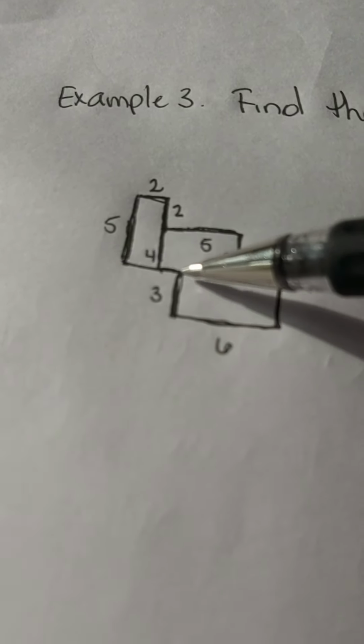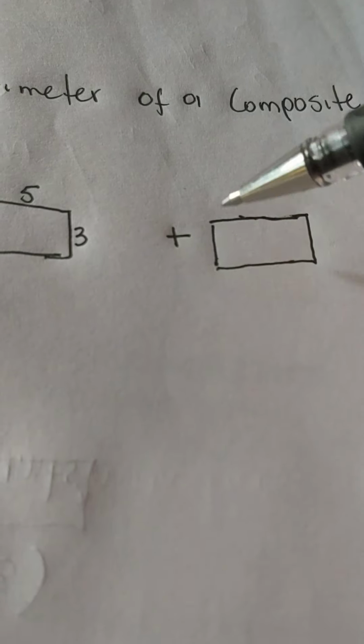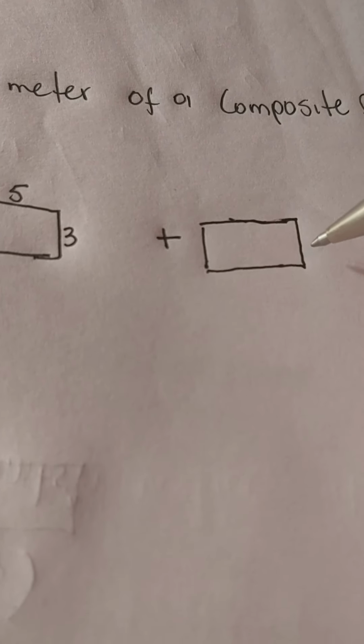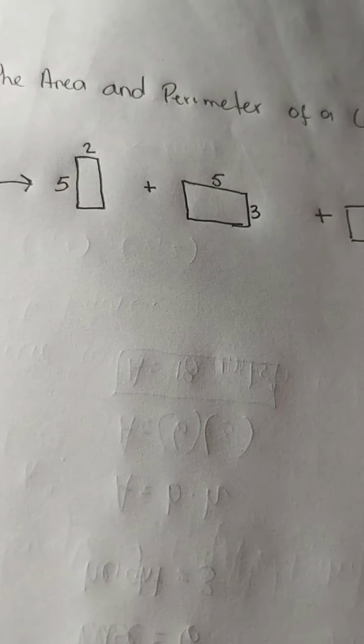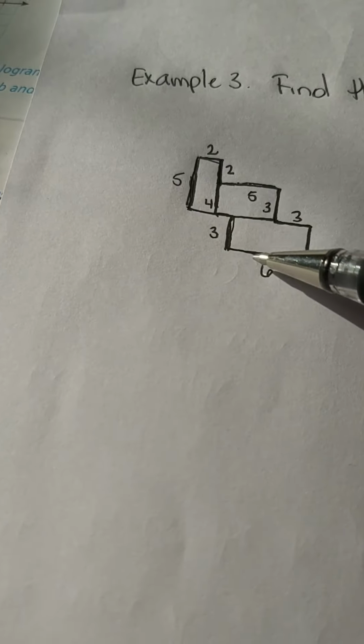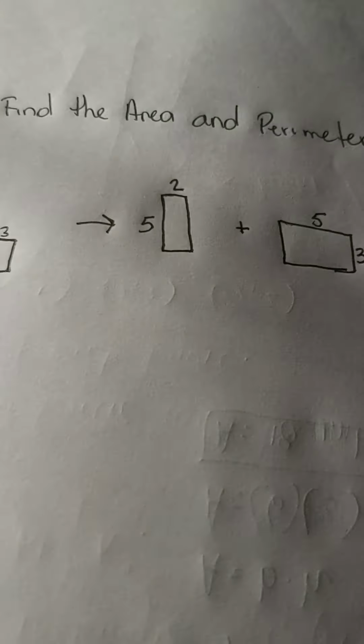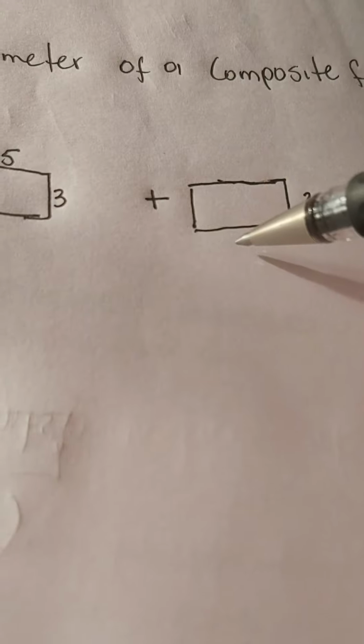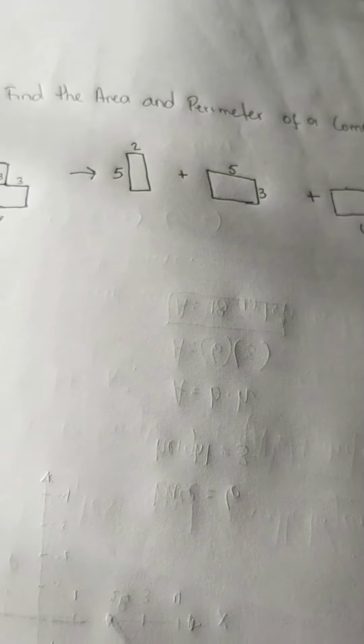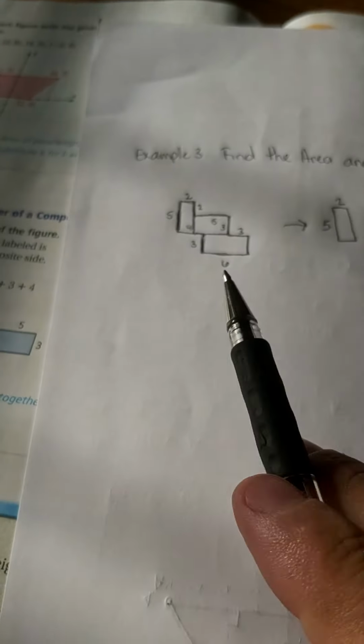So what would be this measure? This one or this one? So if we look at the figure, this measures 3. So that means that this, or this, measures 3 units. And we know that this side equals 6. So that means that this side equals 6. So here we had our composite figure.